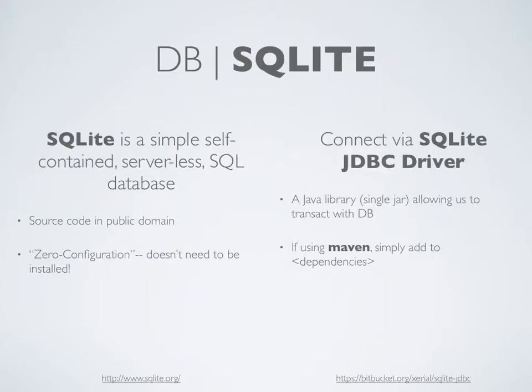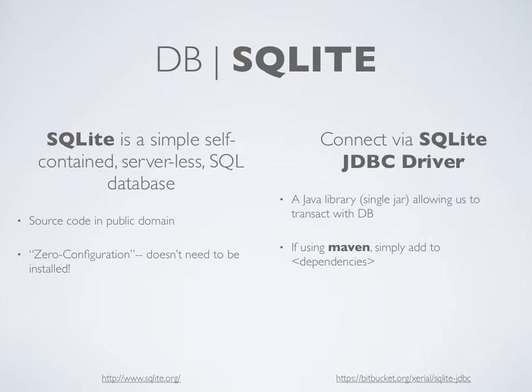Okay, so now after our data has been generated at the stream, flowed into Storm through a spout, and then into a bolt, that bolt is going to want to communicate with, well, in our case, the database. I chose SQLite. It's a really simple, self-contained SQL database. The source code is in public domain, and what's really cool is that it's zero configuration. There's nothing to install.